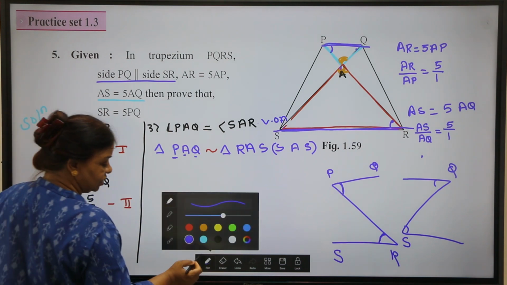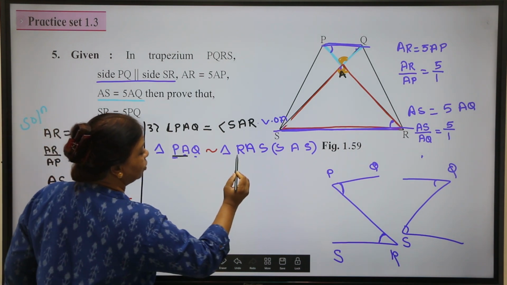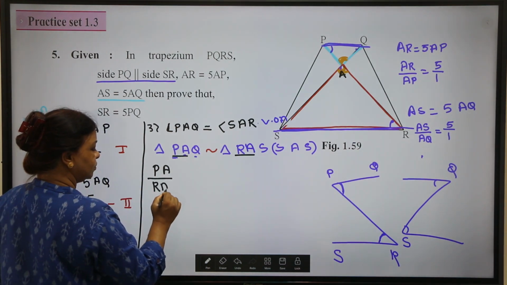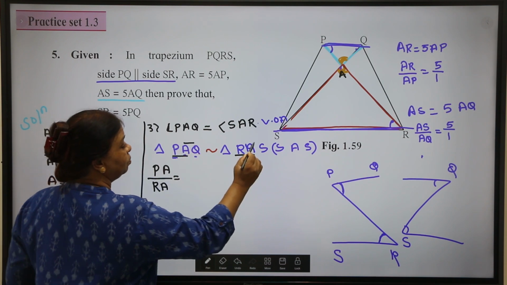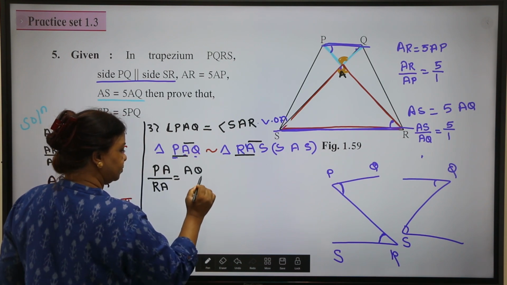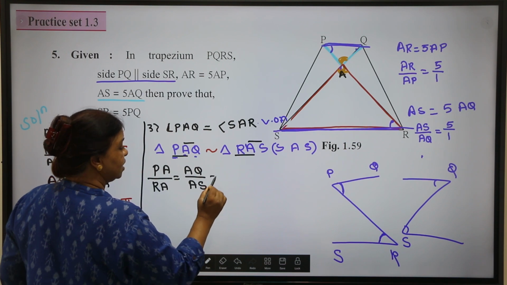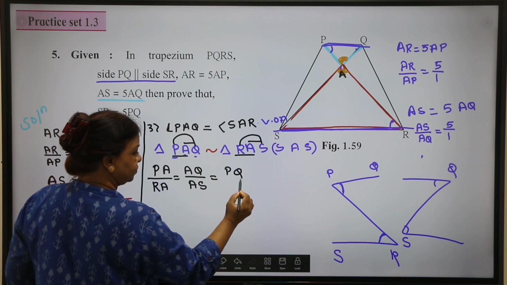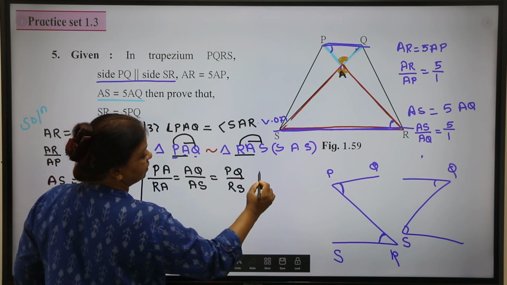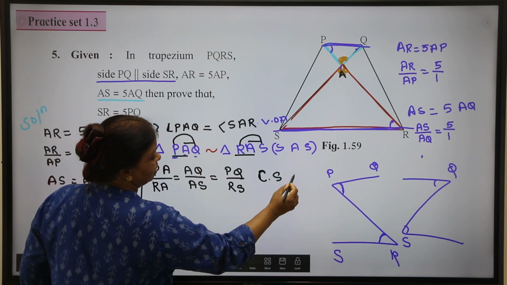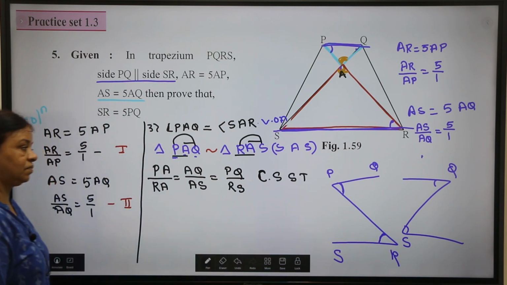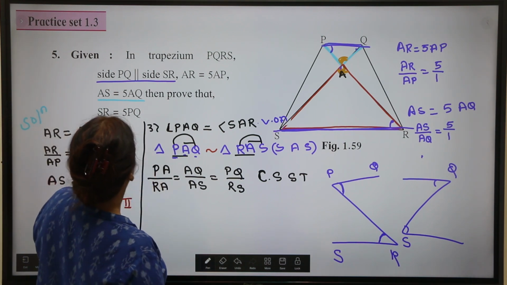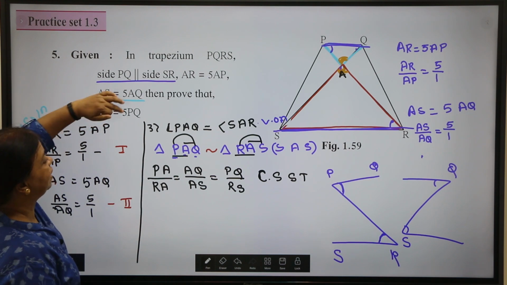Now take the corresponding sides ratio. PA upon RA is equal to AQ upon AS is equal to PQ upon RS, and reason for this is corresponding sides of similar triangle. Now place the values. What we wanted to prove? We wanted to prove SR is equal to phi times PQ.